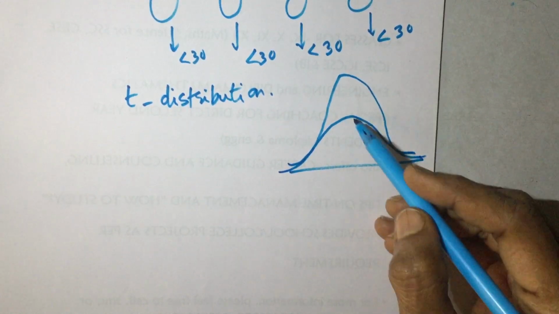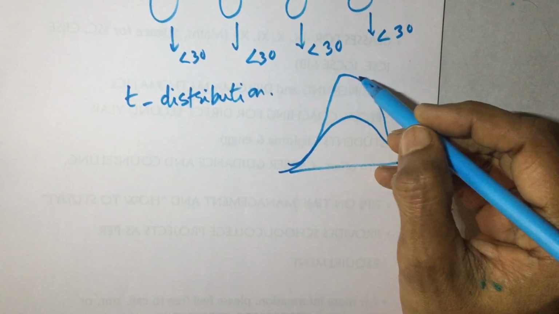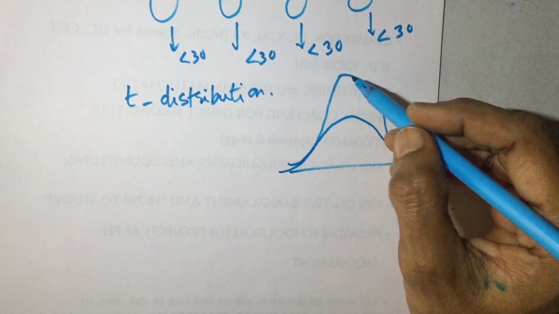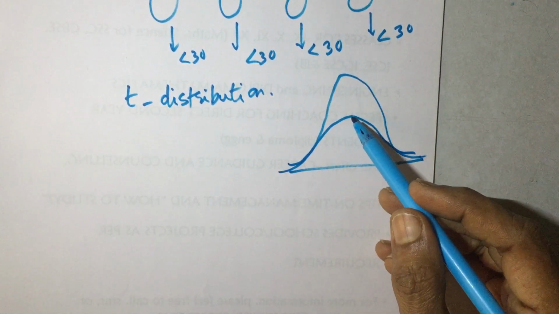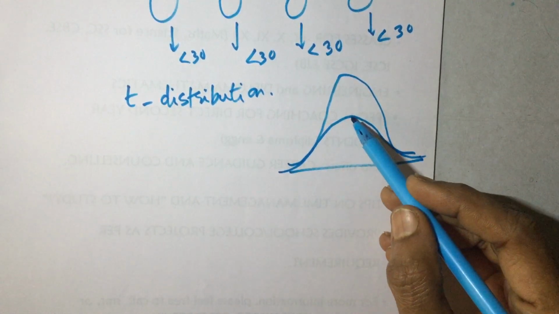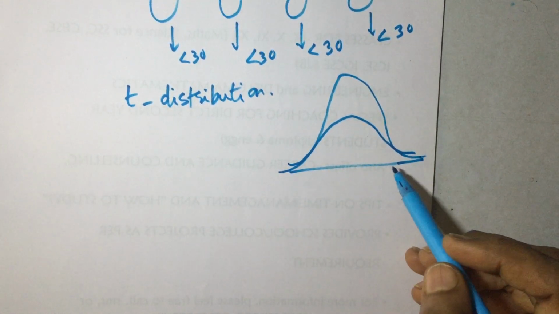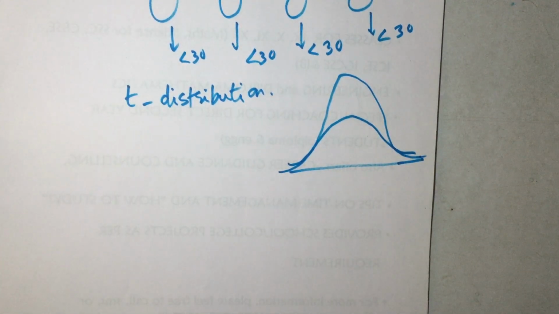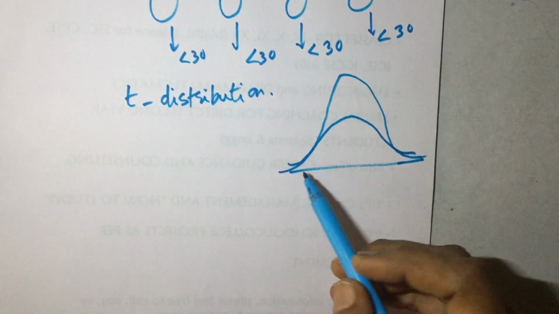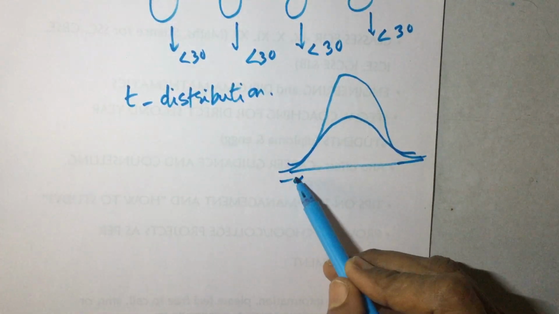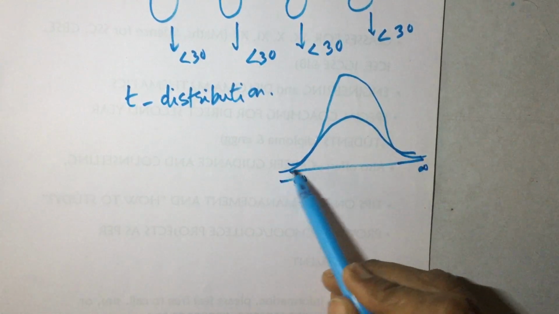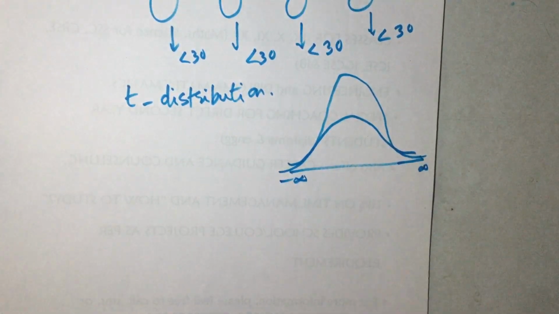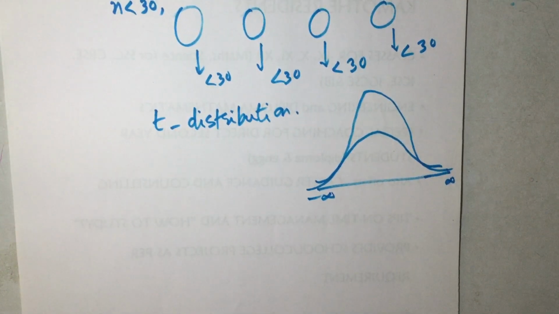For a normal distribution, we know the mean is 0 and variance is 1, but for a T distribution, its mean is 0 but its variance is not 1, it is greater than 1, and it approximates to 1 after taking so many samples, or when the size of the sample becomes large, then it approximates to a normal variate. Here also it goes from minus infinity to plus infinity, but it doesn't touch the axis. So that is a T curve we say.